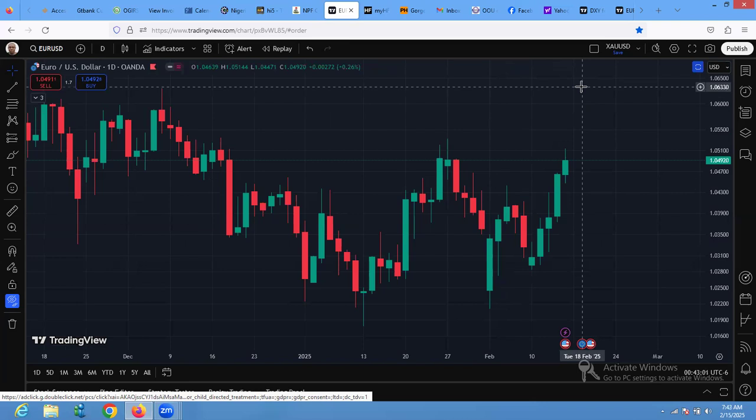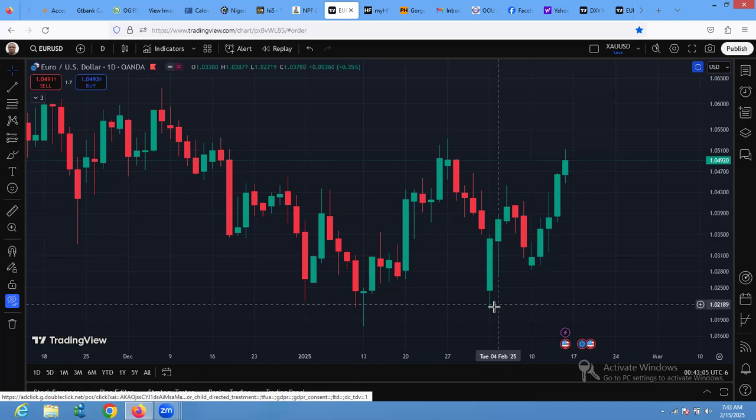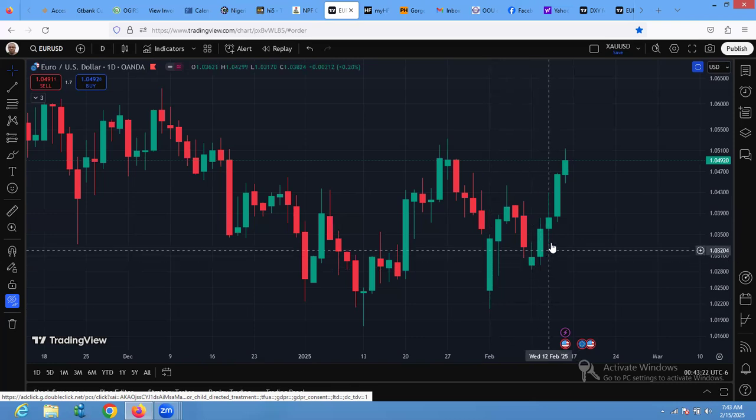So you needed to have been in a buy from here, in a buy from here, in a buy from this level. This is another area you need to be having in a buy, and another level, a buy here. So those are 4 levels you ought to have been in a buy. 1, 2, 3, probably 4 level now.